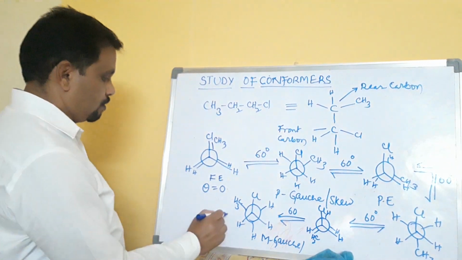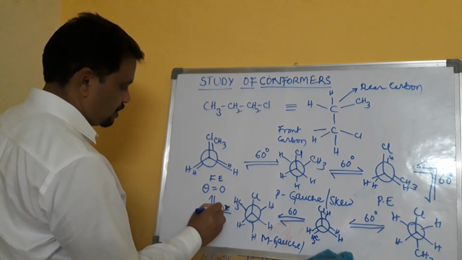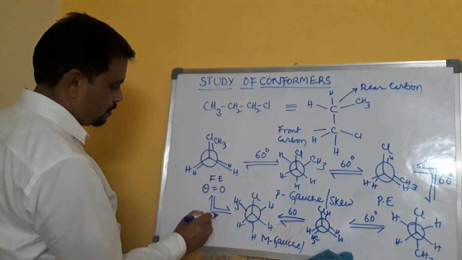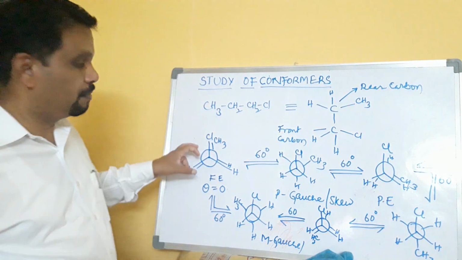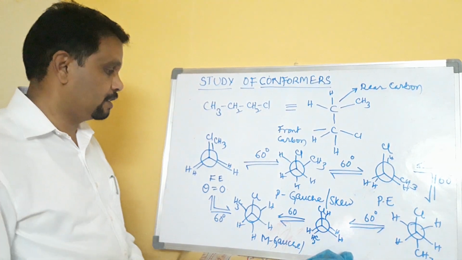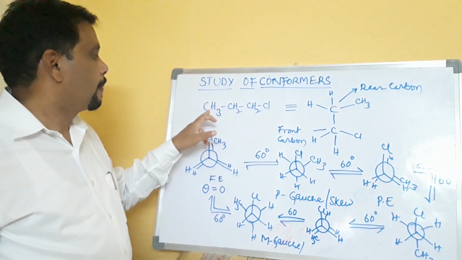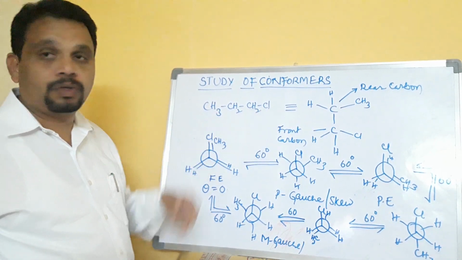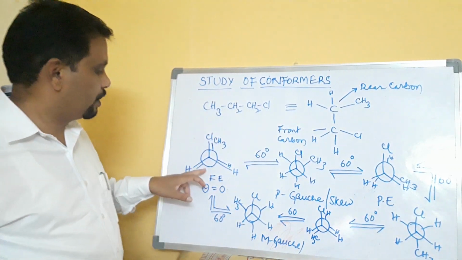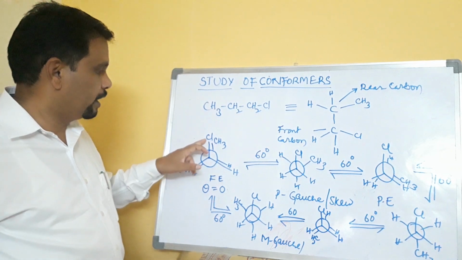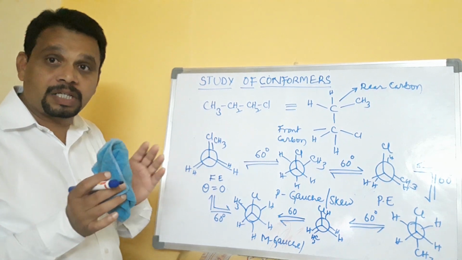Finally, if you rotate another 60 degrees, you will get back the beginning eclipsed conformer. So these are the possible conformers for 1-chloropropane or propyl chloride.